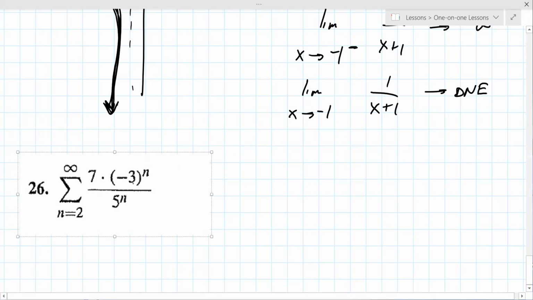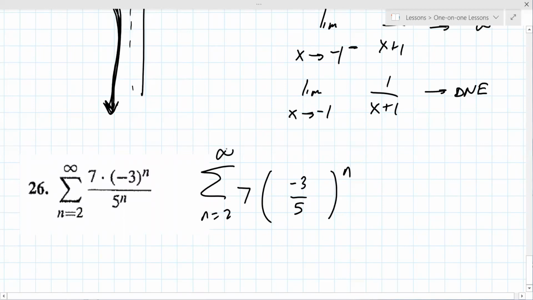The way to do that is you really want to have this as something to the power of n. So in this case, it's going to be -3 over 5. If you apply the n to both of these, you get this, and then the 7 is out in front. So now the 7 can even come out further.